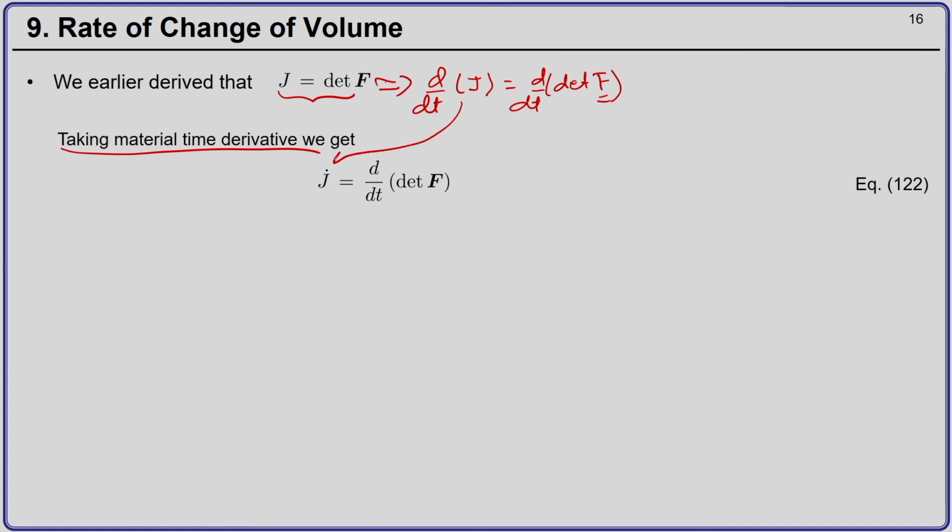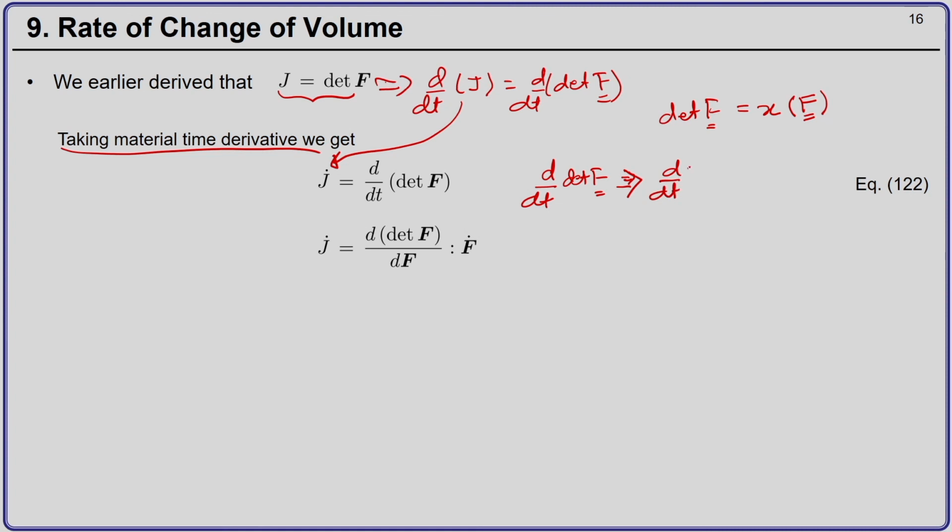So, d by dt of J is nothing but J dot, equal to d by dt of determinant of F. Let us say determinant of F is a scalar, say x, and x is a function of F. So, d by dt of determinant of F equivalently I can write as d by dt of x, where x is a function of F. So, using chain rule I can write dx by dF into, now dx by dF is a second order tensor, and on the left hand side we have a scalar.